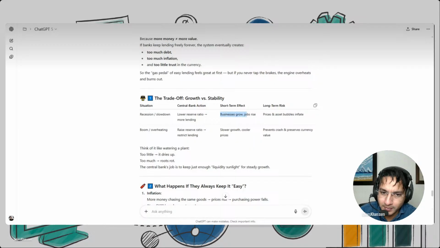In the short term, when someone gets that loan, they are going to work, and that business is going to invest and create jobs.